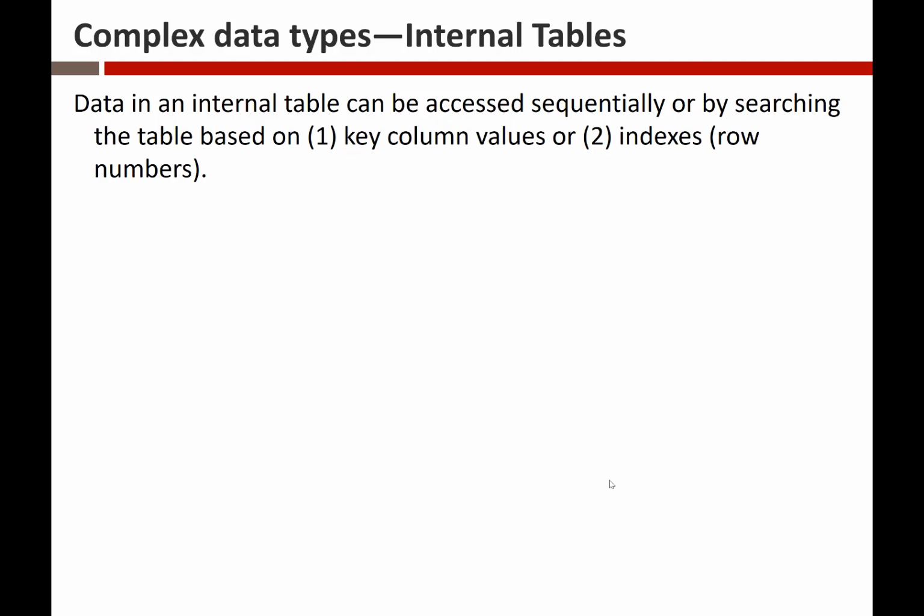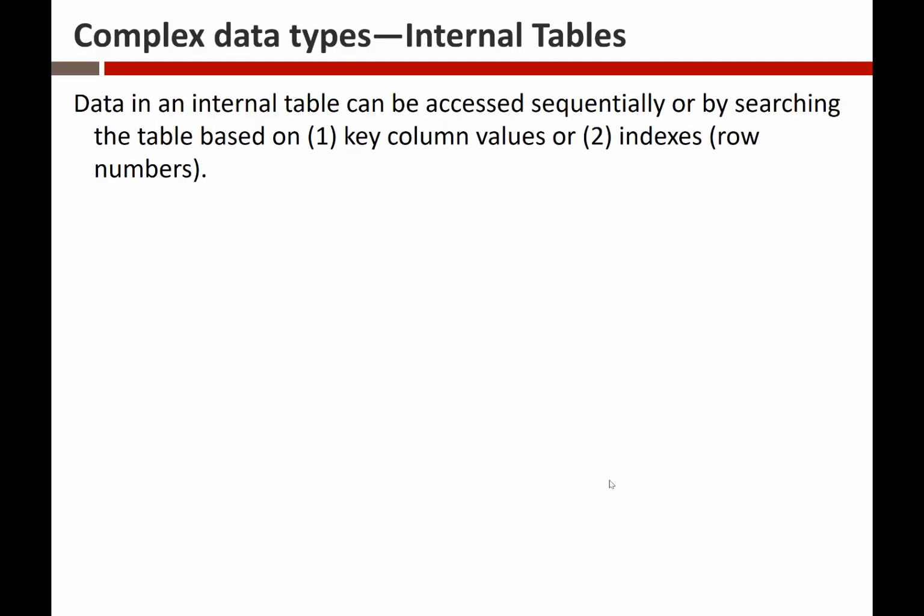So let's go back to what I have here on the whiteboard, where I have an address used as the basis of my internal table, and I have fields number, street, city, and state. I cannot search this table for a city that matches Johnson City unless this is designated as a key field.